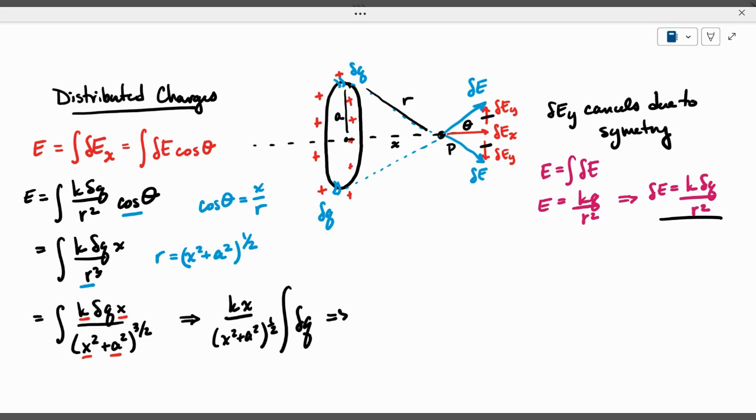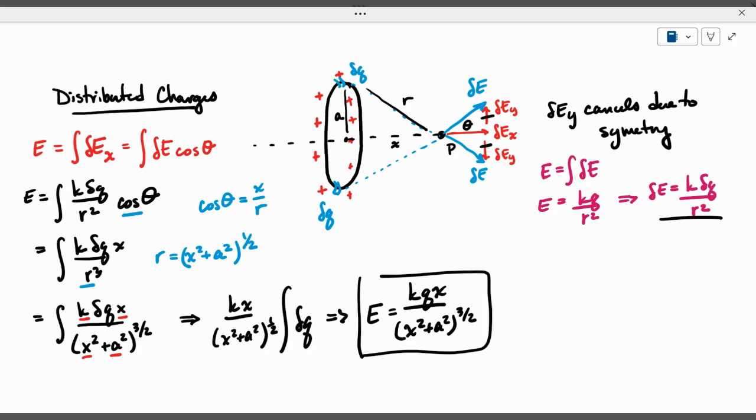So therefore, the electric field at any point x away from the center of a ring that has radius a would be written as k q x, order's irrelevant, over x squared plus a squared to the 3/2. So that would be our answer.